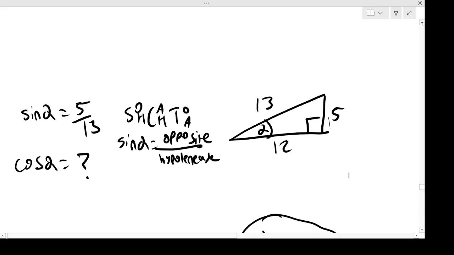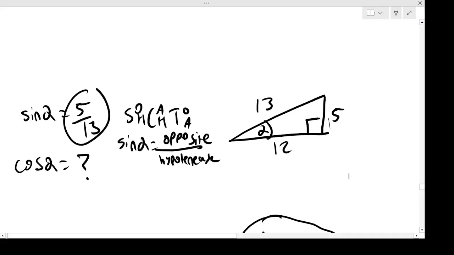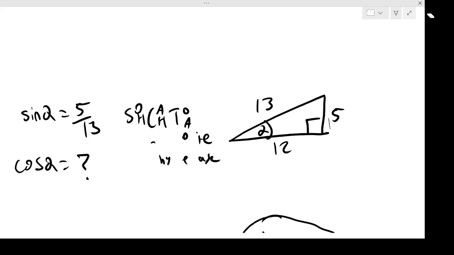I literally just used the sine alpha they've given me, and then the 5 is the opposite and the 13 is the hypotenuse. Then I worked out the missing side, 12, doing some Pythagoras. Now I can use this to work out cos quite easily, because cos is adjacent over hypotenuse, so cos alpha, the adjacent is 12, hypotenuse is 13. And that is my answer for cos.